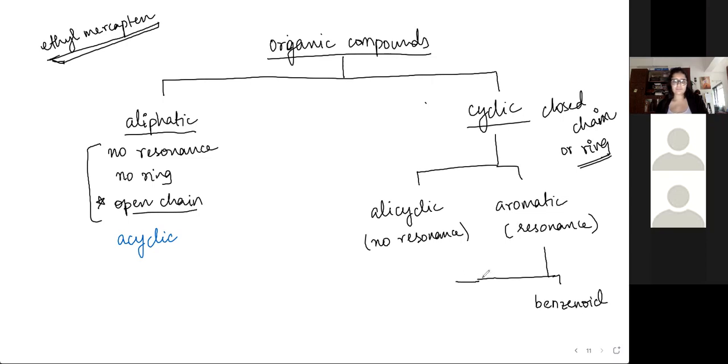Then you have non-benzenoid, and you have heterocyclic. These are the basic names of everything.